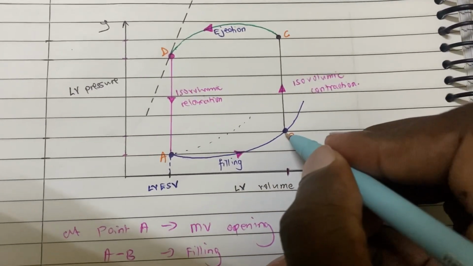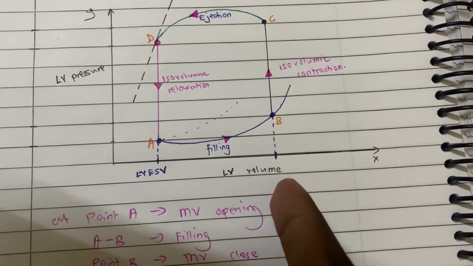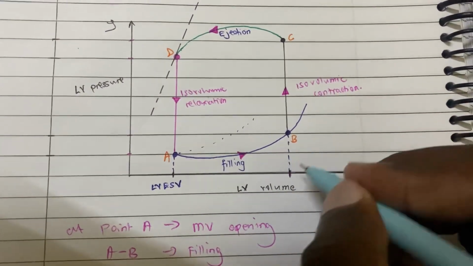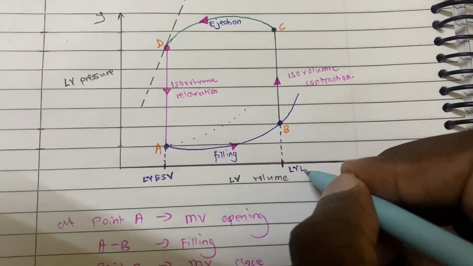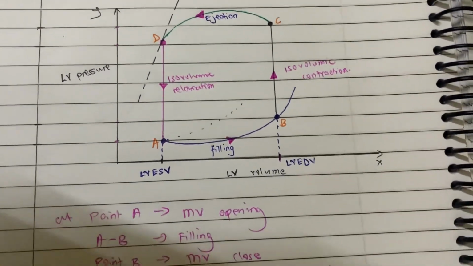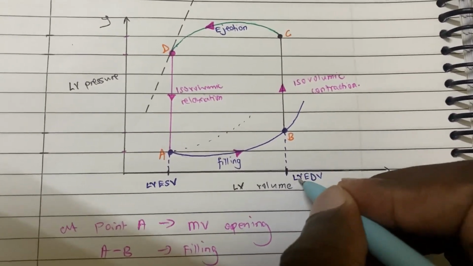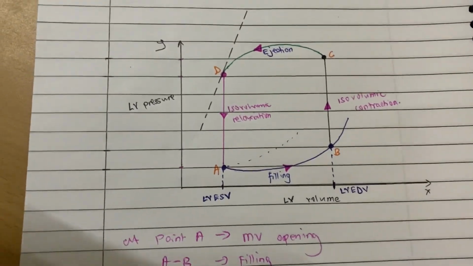And then when the mitral valve closes, if you extrapolate this line to the volume axis, this is end diastole. So we have LV end-diastolic volume. This point is end-diastolic volume. At this point is end-systolic volume.